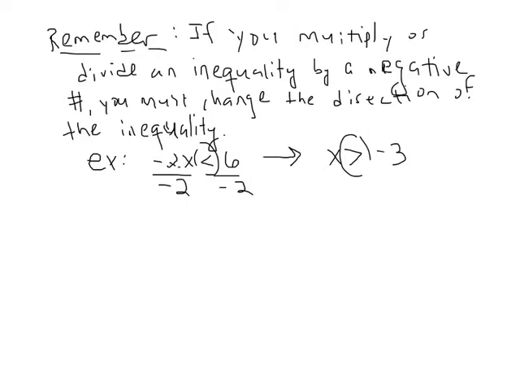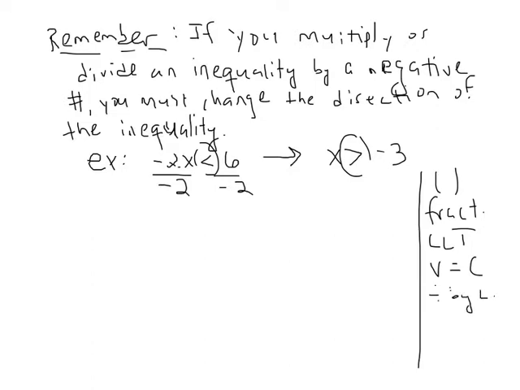Then, bearing that in mind, along with all of our other rules that we learned earlier, and remember those rules are parentheses, fractions, combine like terms, variables on the left, constants on the right, and divide by the leading coefficient, we can still apply this series of steps to solve inequalities, just remembering that if we divide by a negative or multiply by a negative, and that's usually only going to happen here in this last step, we have to switch the direction of the inequality.